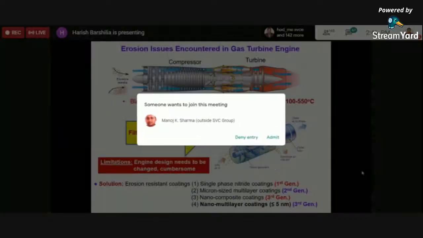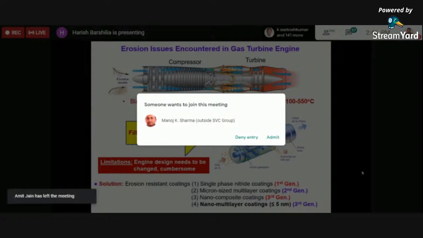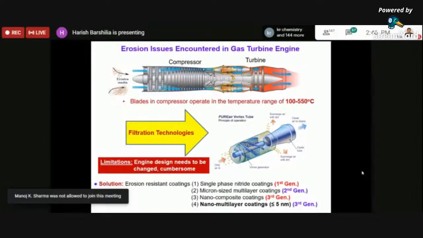The other issue wherein these coatings can be used is in the turbine engines. For example, if you take a fighter aircraft, yesterday you might have heard in the newspaper that our Rafale is coming through the Middle East, and it will be landing today. In the Middle East, there is a lot of dust, a lot of sand.